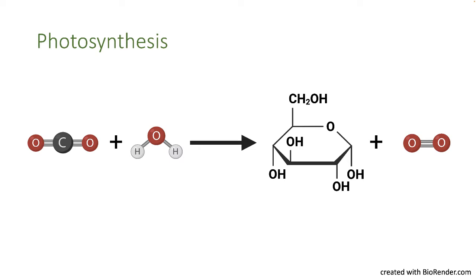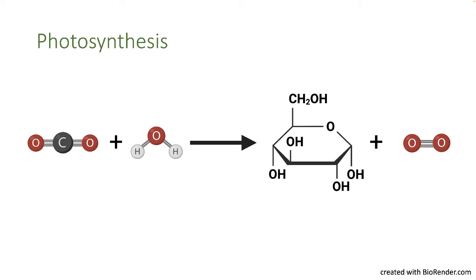If we look at the overall reaction for photosynthesis, we can summarize it like this. Carbon dioxide and water react to form carbohydrates, which we have represented here as glucose, and oxygen. Now, of course, this is a big oversimplification of the whole process, but this is useful when we're thinking about the overall process of photosynthesis.